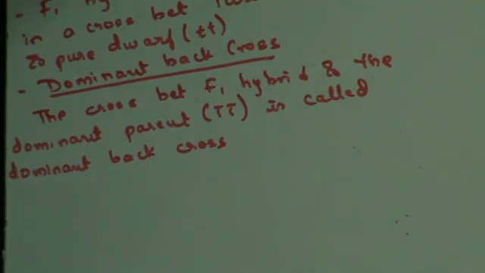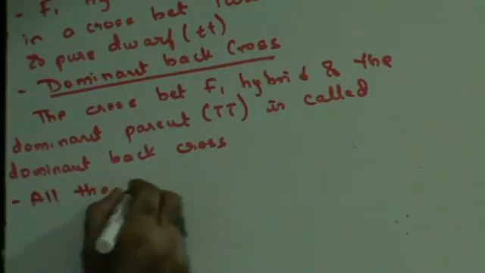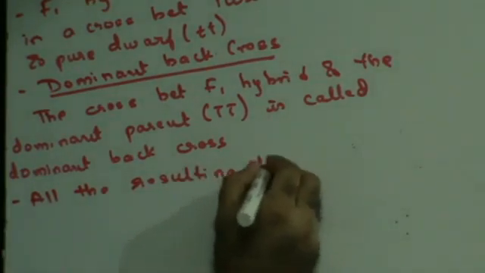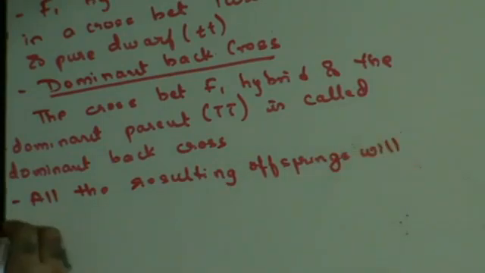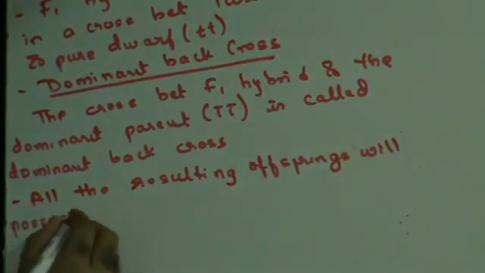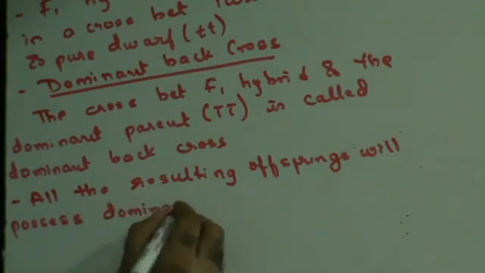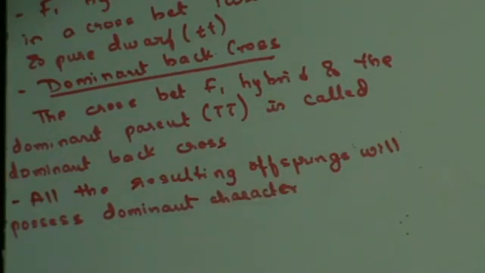Now, all the resulting offsprings will possess dominant characters in this case, right? That is, you will get 100% dominant characters.